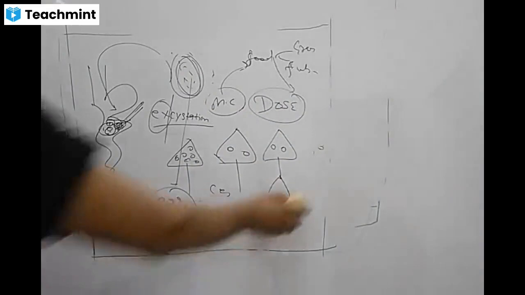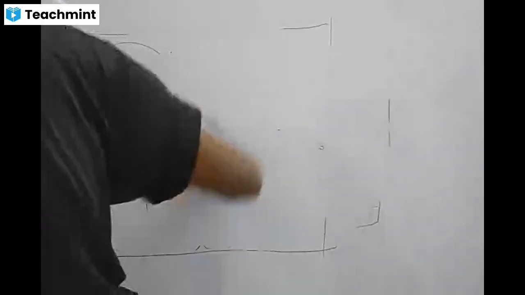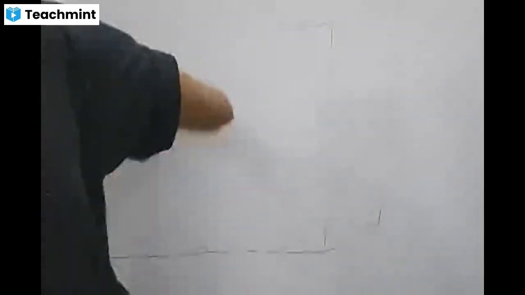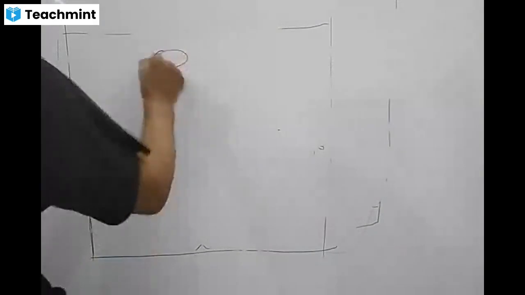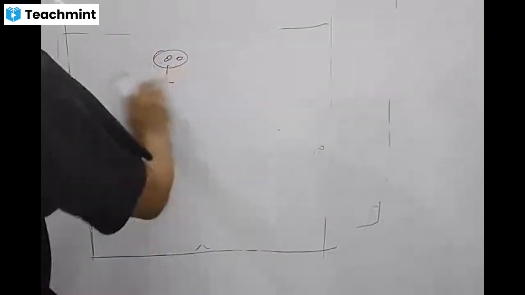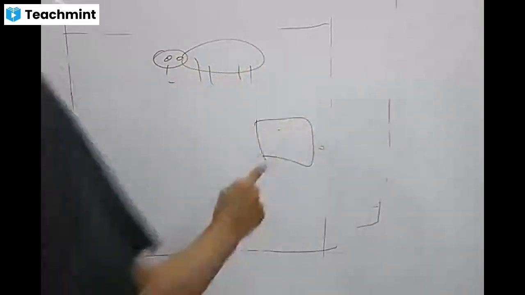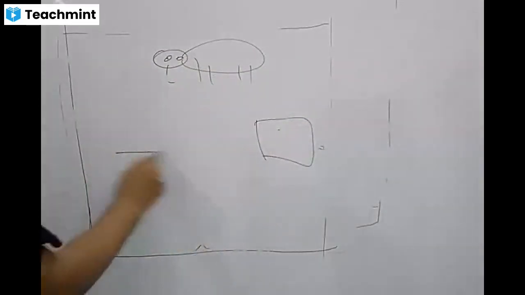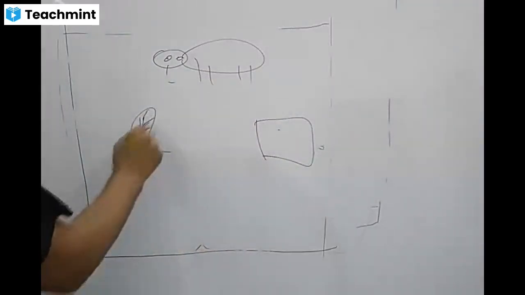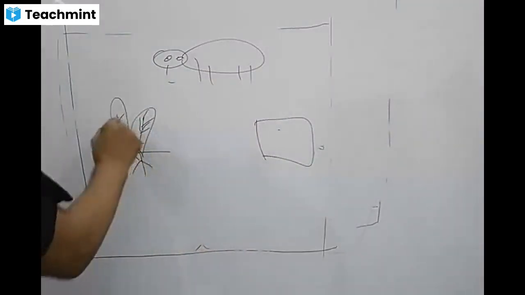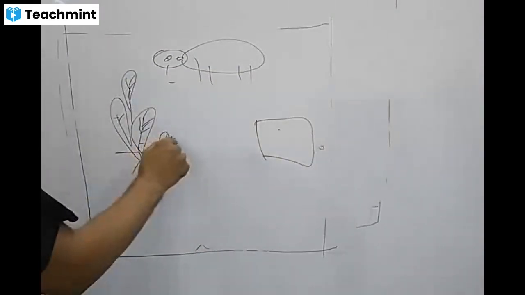Then the next is amphistomes. The life cycle of amphistomes is very similar to Fasciola. Suppose this is the definitive host. Again, the first intermediate host is always the snail, and the second this time is fresh vegetation, that is your plants.